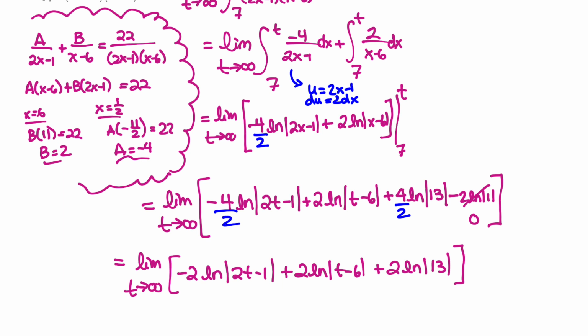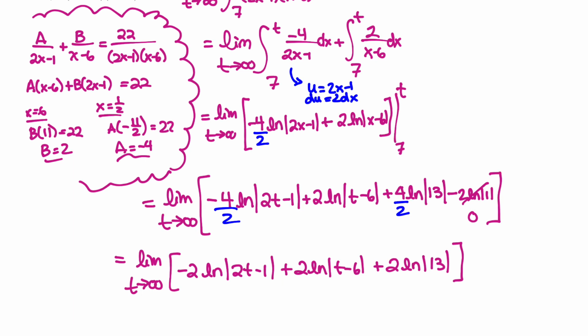What is that rule that puts 2 natural logs together? It's the division rule. A over B. So really, this can get combined to give me an expression. Yes, 1000%. So let's put that together.